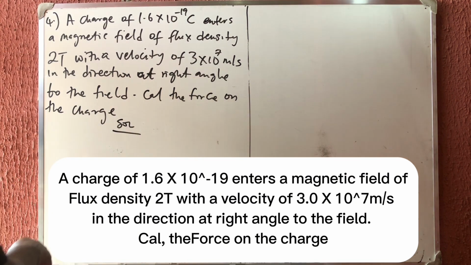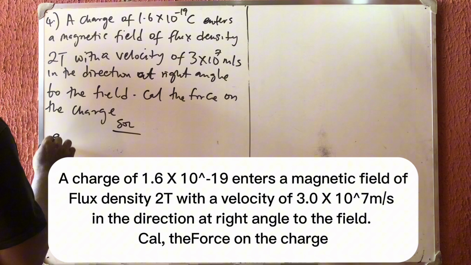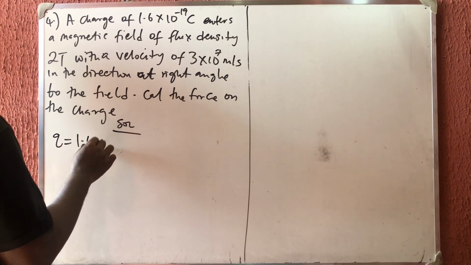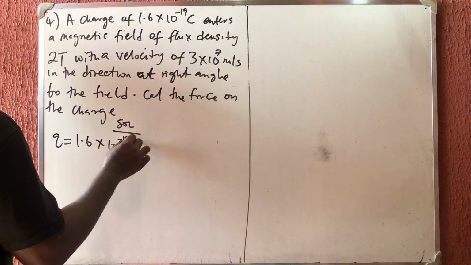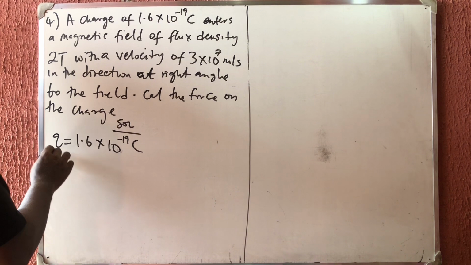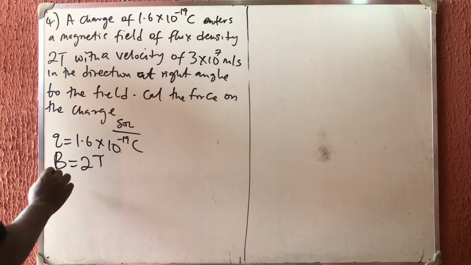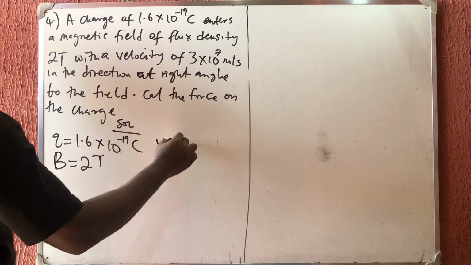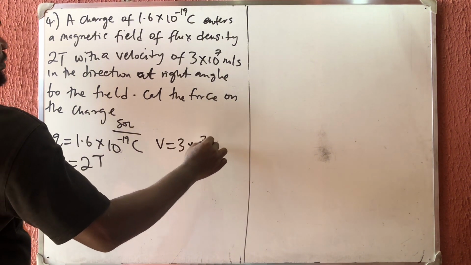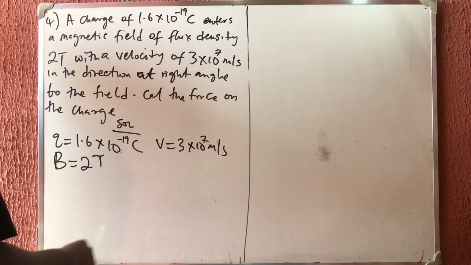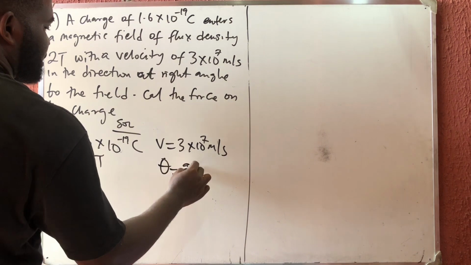Solution. This is very, very simple. They gave us the charge, 1.6 times 10 raised to power minus 19 coulomb. They gave us our B, which is 2 T, and our V, which is 3 times 10 raised to power 7 meter per second. Our theta is right angle, which is 90.